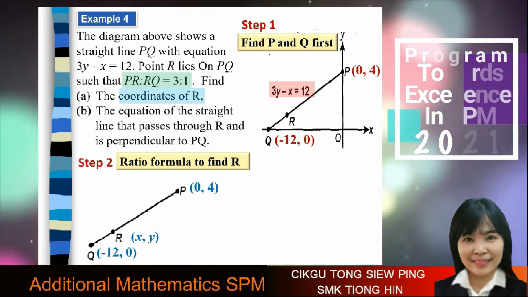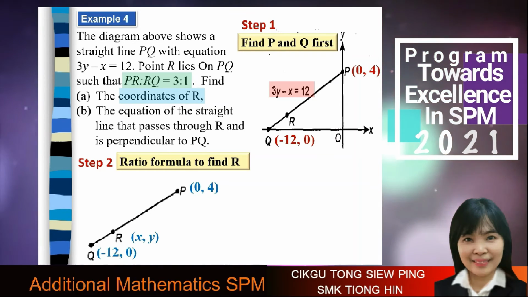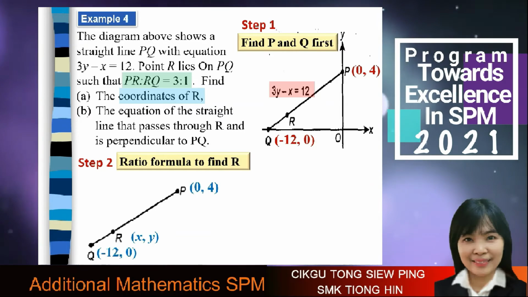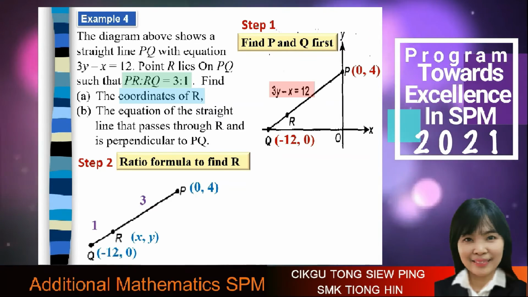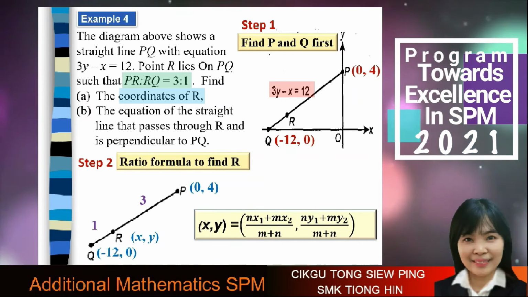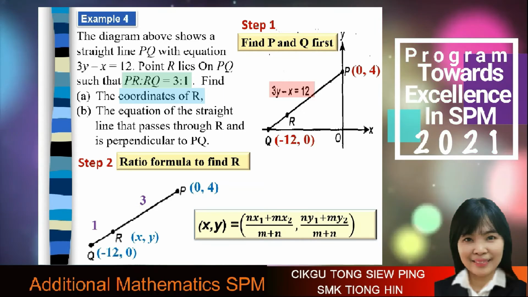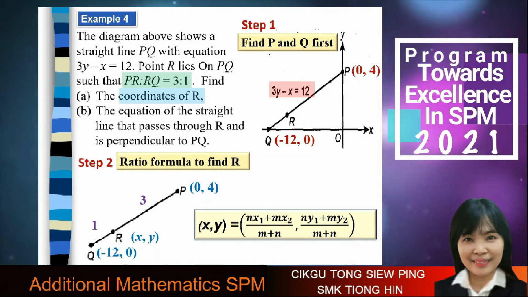Since the question tells us the ratio of PR to RQ is 3:1, therefore QR is equal to 1, RP is equal to 3. Now we can use this formula to find the R coordinates. We let n be 1, m be 3.